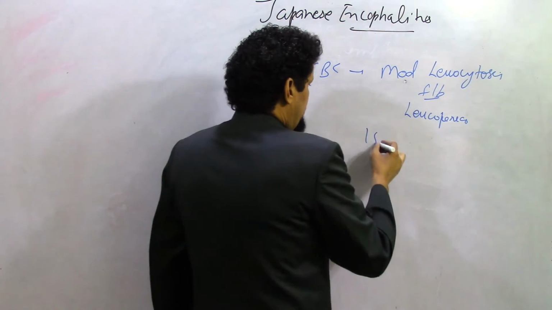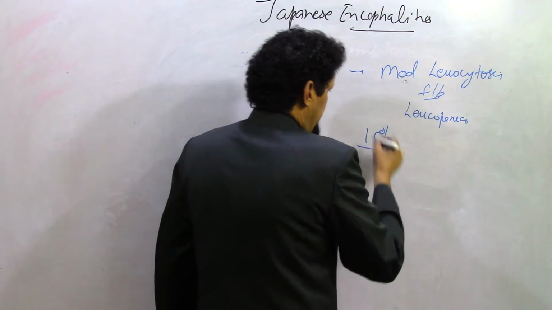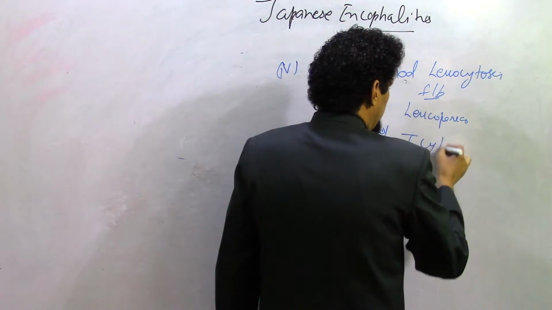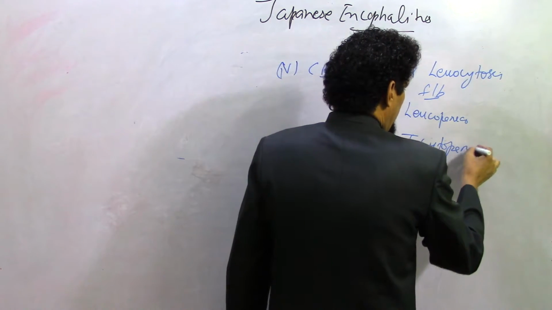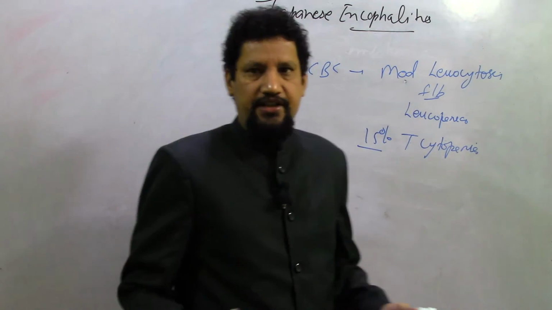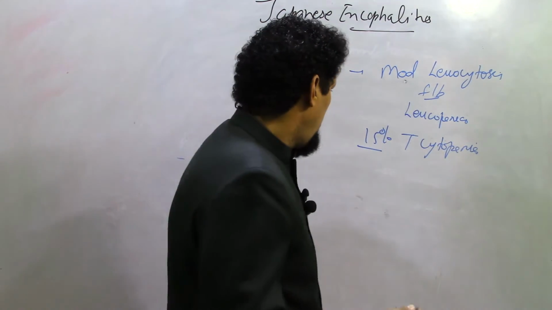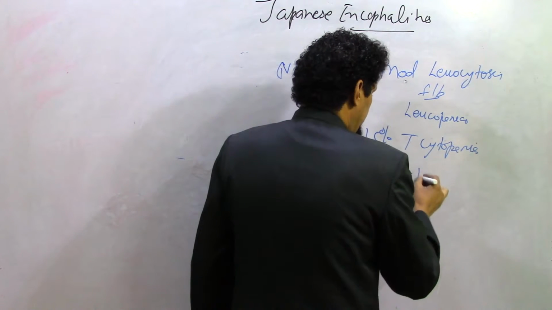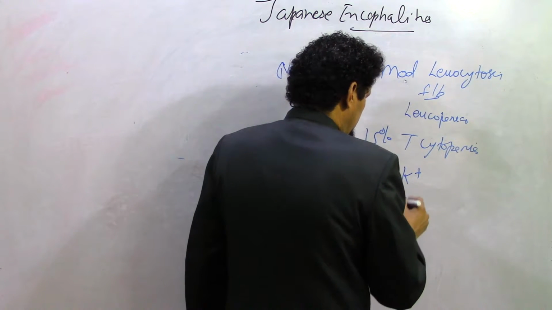About 15% cases, especially children, are having thrombocytopenia also. There is hyponatremia and hypokalemia, so decreased potassium and decreased sodium.